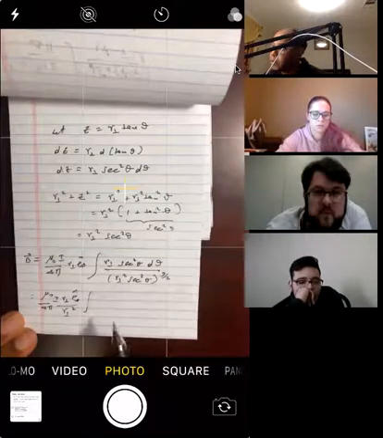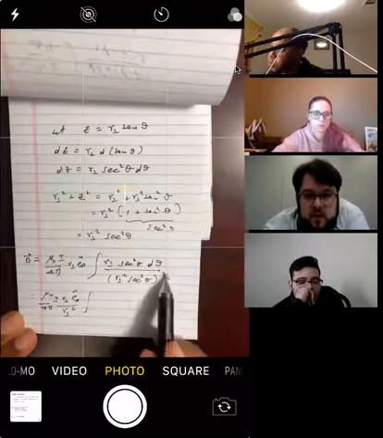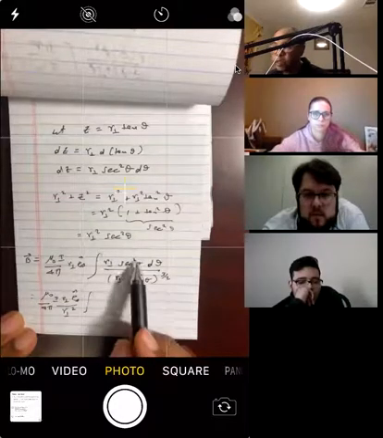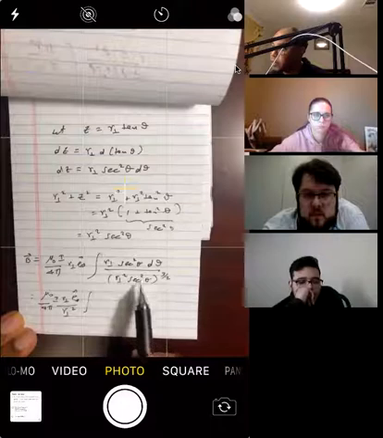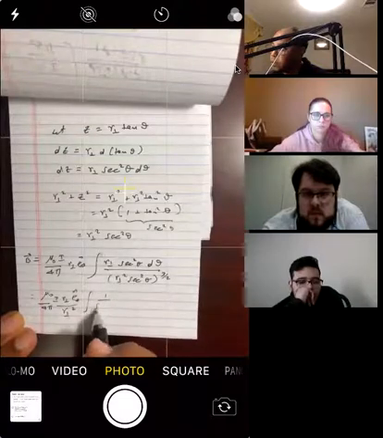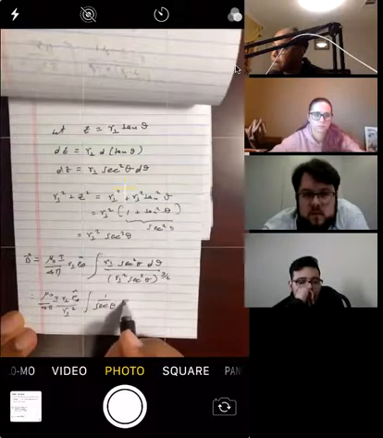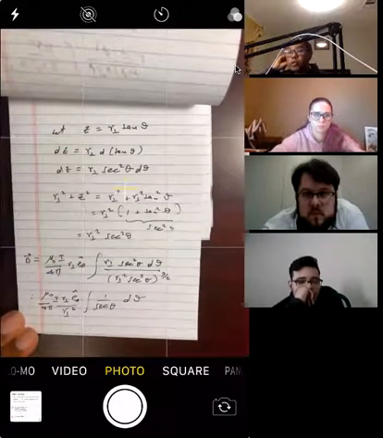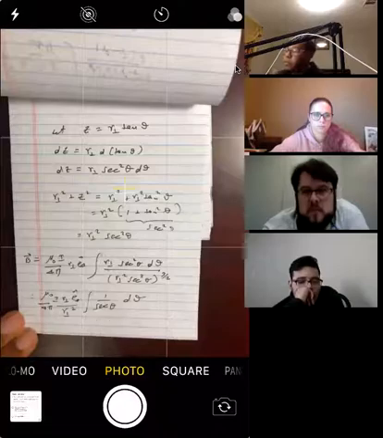How about the sec? This is sec squared divided by sec cubed, that's 1 over sec theta d theta. But sec is 1 over cosine of theta, so this is just cosine of theta.